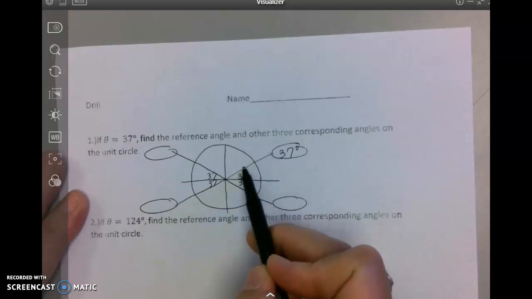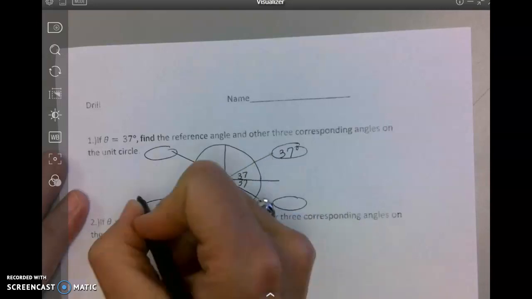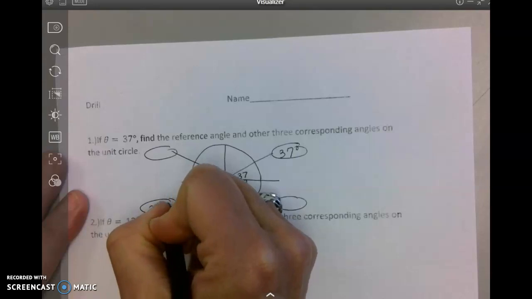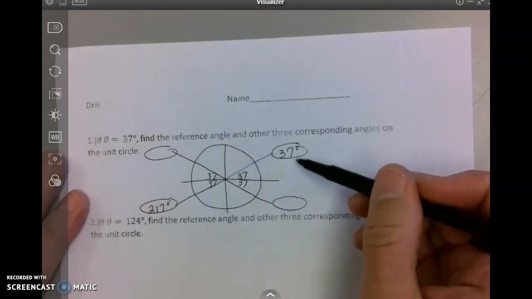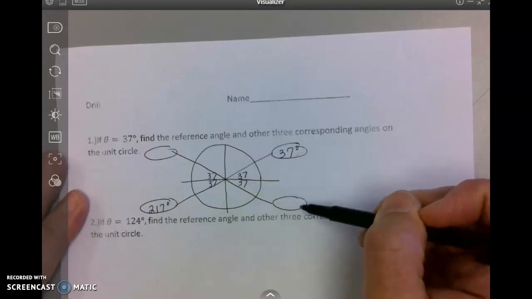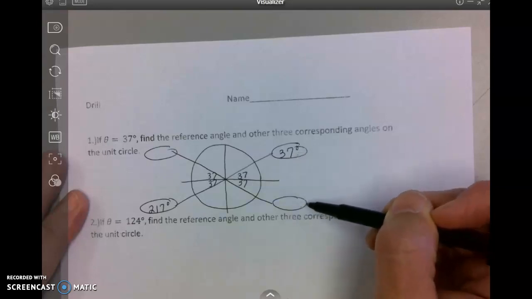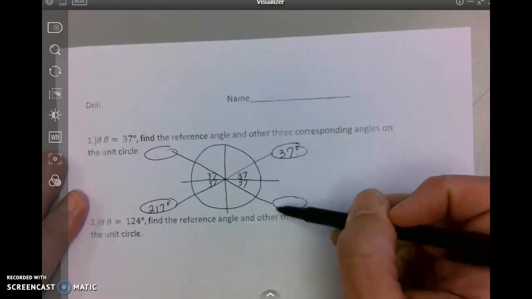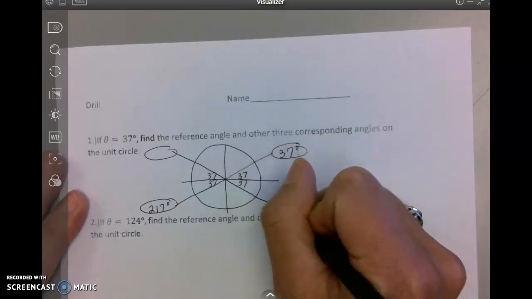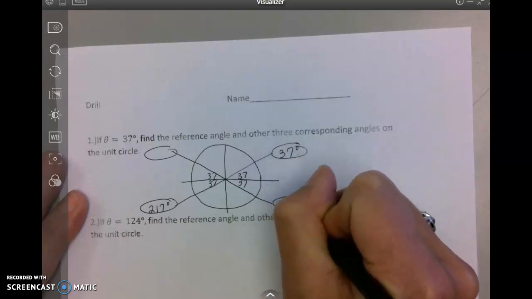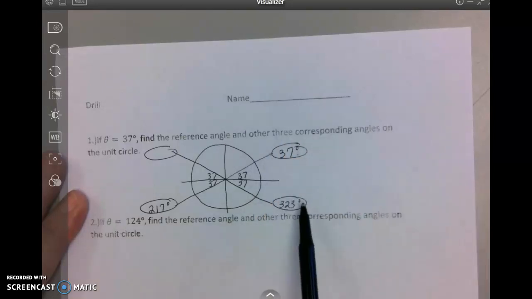A straight line is 180, and it's getting bigger, so I add 180, and I get 217 degrees. All right, I know these two have to add to 360, so 360 minus the 37 would give me this angle. 360 minus 37, 323 degrees.